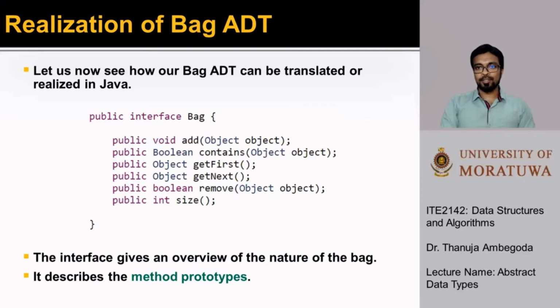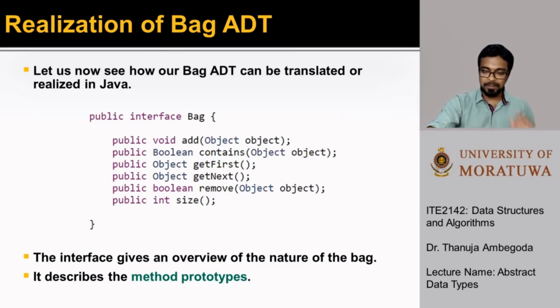So let's go into the code. We want to have a look at the realization process, starting from an abstract data type to instantiating an object. First, you have to have the interface defined for the bag. This is an example of how we do it in Java. You have public interface Bag, with some method prototypes.